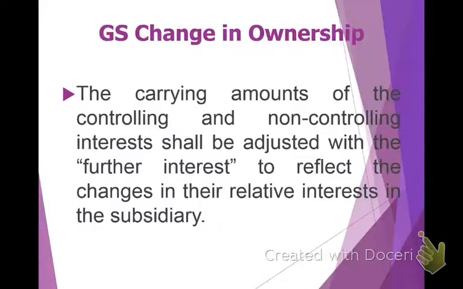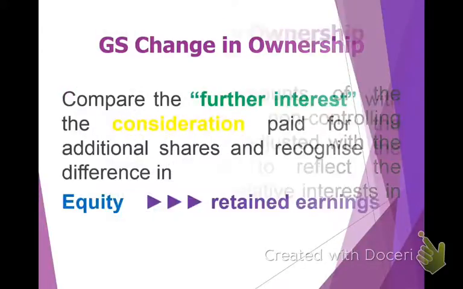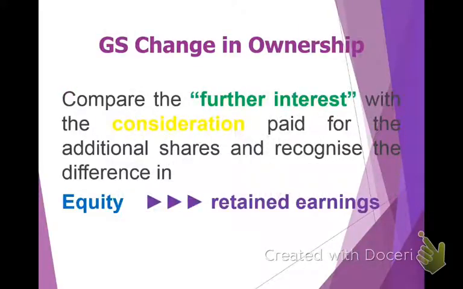That means that we will take from the non-controlling interest, because that is where we purchase our additional interest, we will minus it from the non-controlling interest, and add it to the parent's investment in this subsidiary. Now we must also calculate a profit or loss that we made.